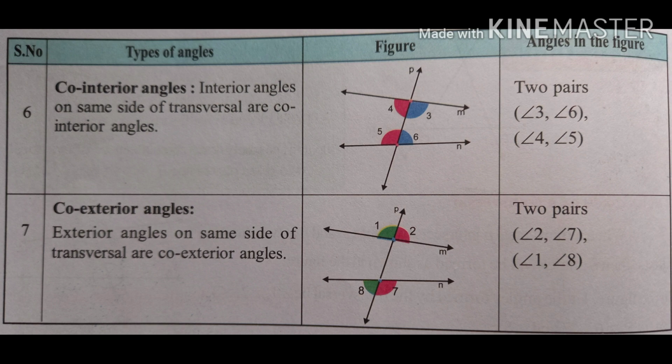If the angles lie outside of the lines, they are called exterior angles on the same side of the transversal.